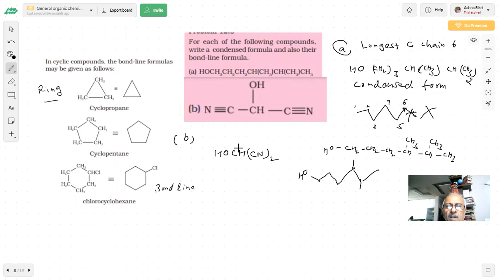And how many carbons? 1, 2, 3. This is carbon, this means carbon, nitrogen, and what we have?